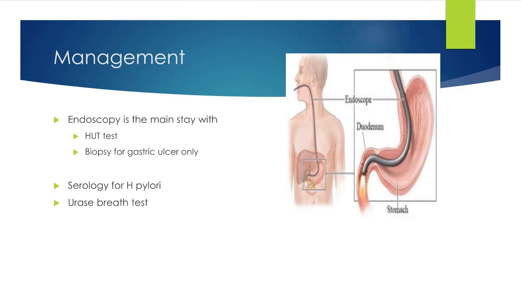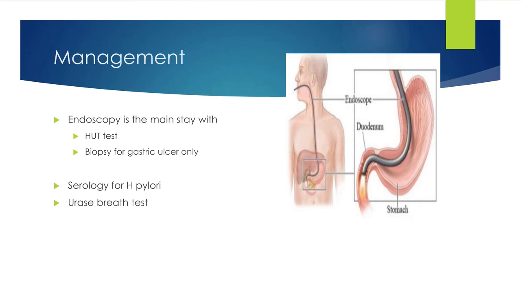We do not take any biopsy from duodenal ulcers because we know duodenal ulcers are benign. We only do take biopsies for duodenal ulcers if they recur, if there is recurrence of the ulcer after adequate treatment.